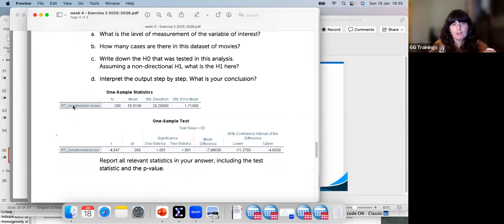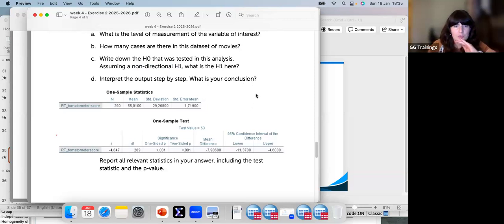So population average tomato meter score is 63. For your H1, they asked for non-directional. So you say that the population average tomato meter score is not 63. We don't say greater than or less than, because that's giving a specific direction. We just say it's not 63.